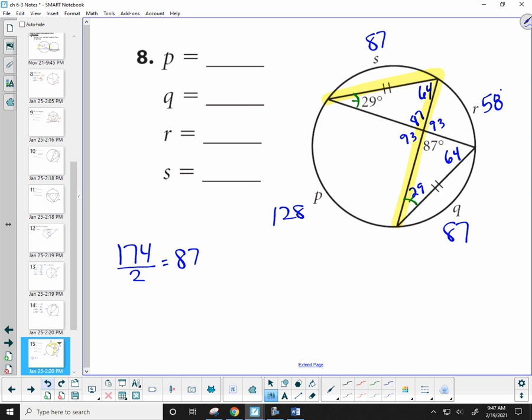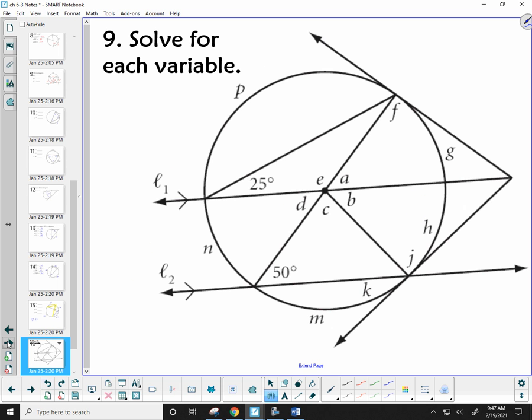All right, so now we're at the big guy in the back. All right, so this one here, first thing I started with is I looked for my isosceles triangle because I have radii. So if this is 25, I know this has to be 25. So now I can use my triangle. This makes angle E here 130. Then I did the same thing down here with this triangle.